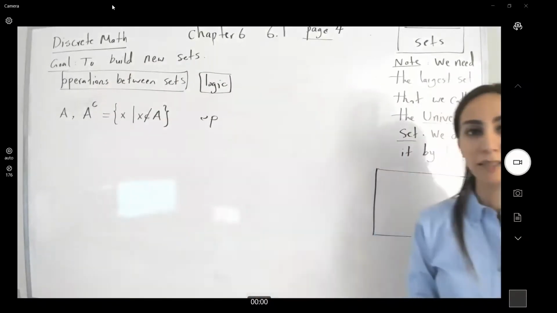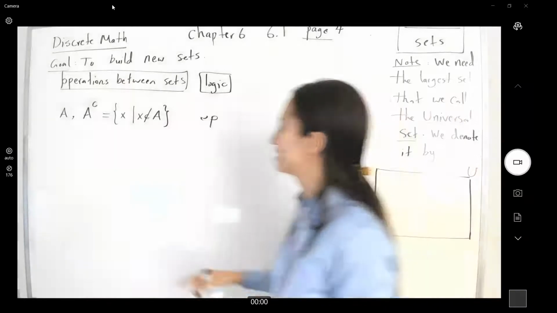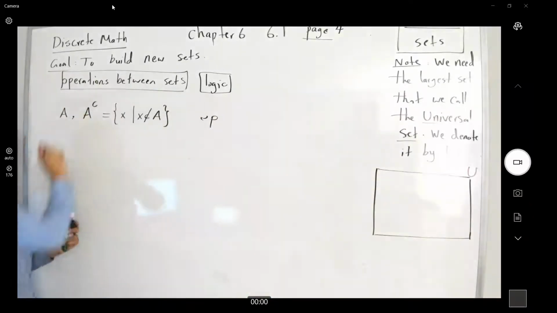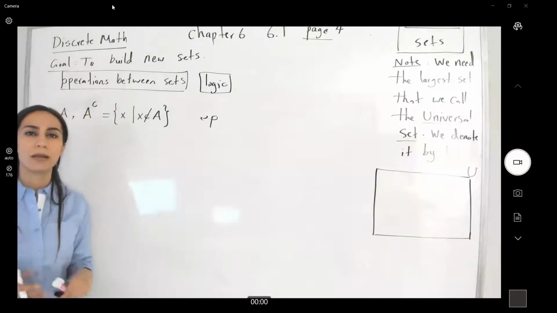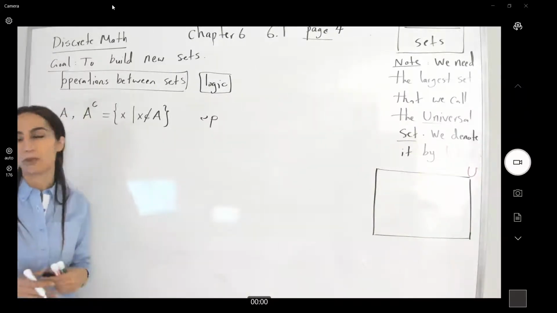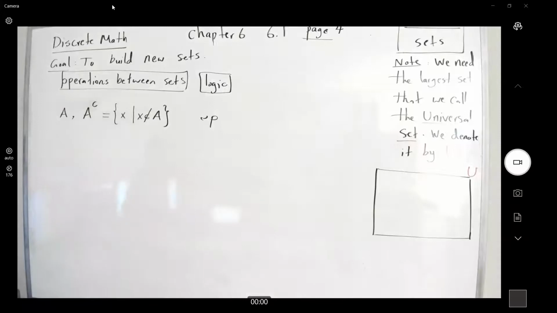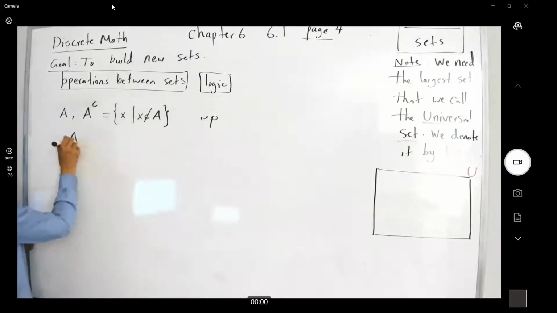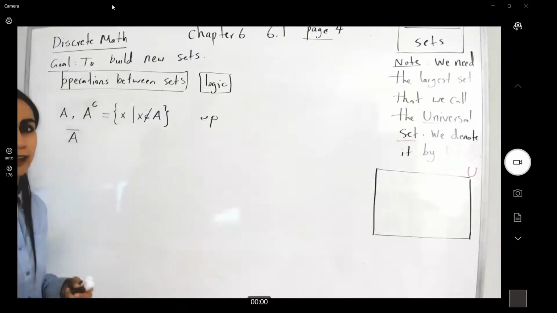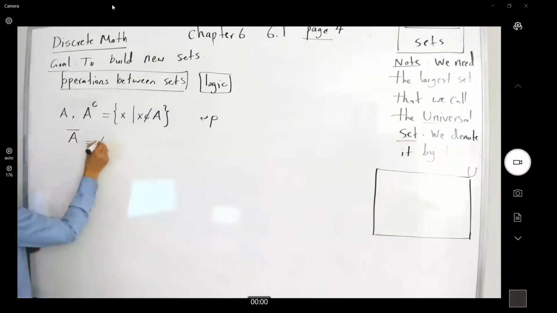We have set A and its complement, denoted by A with a little C on top of it. Note that different books might give you different notation. For example, in other books, a complement is denoted by a bar or a prime.